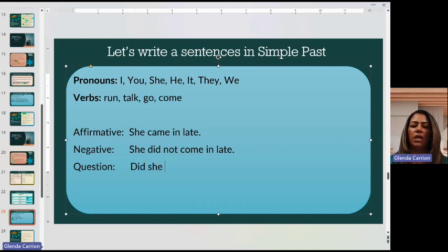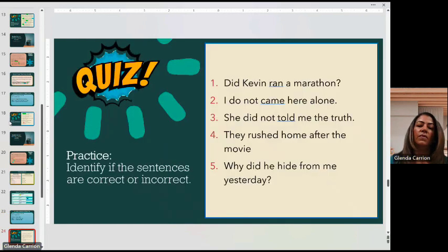Did she come in late? And now we have our question, right? Very important that you remember that only in affirmative you use the past tense. Negative and question, the auxiliary verb did, but the verb in present tense. That's very important.